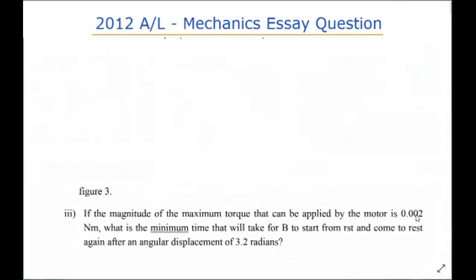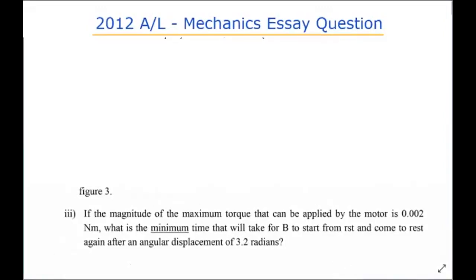The maximum torque that the motor is able to apply is 0.02 Newton meter. What is the minimum time that will take for segment B to start from rest and come to rest again after an angular displacement of 3.2 radian?